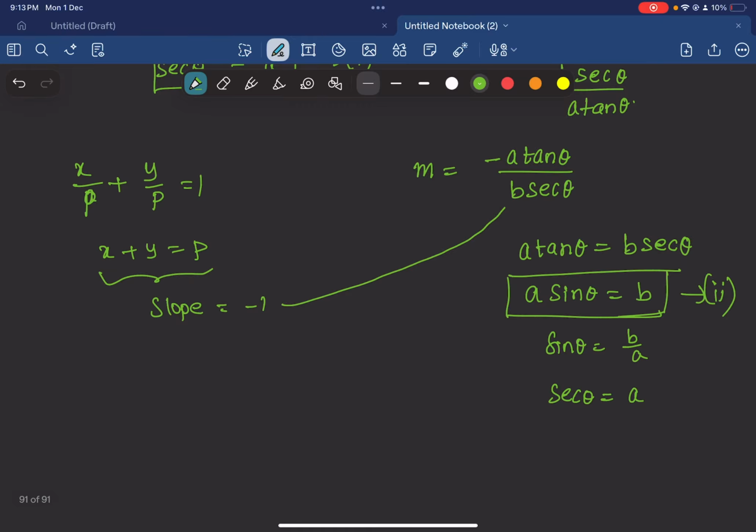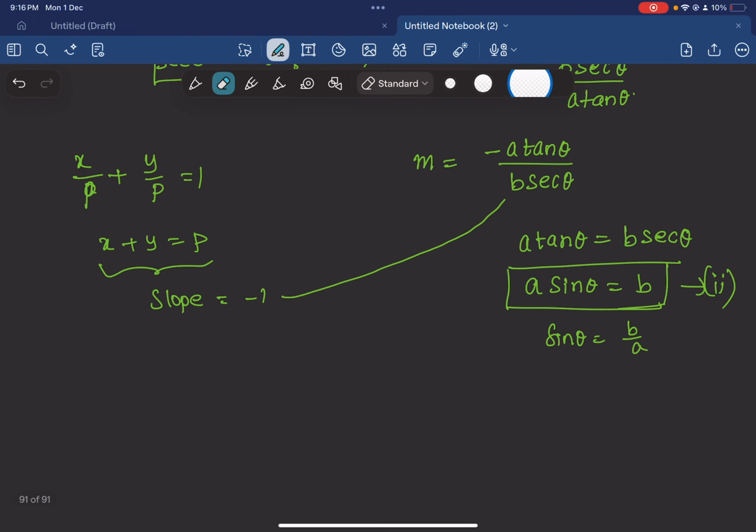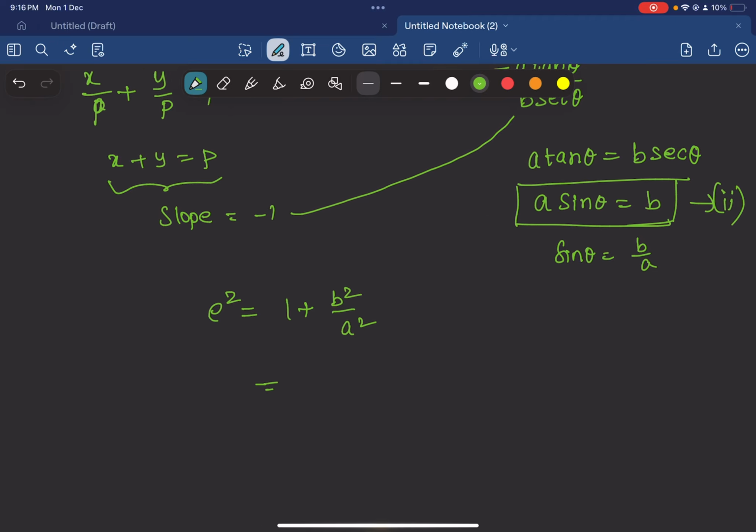So from here we got sine theta is equal to B by A. So we know eccentricity squared is 1 plus B square by A square for hyperbola. So this is simply 1 plus, since B by A is sine theta, this is simply 1 plus sine square theta. So E is simply square root of 1 plus sine square theta.